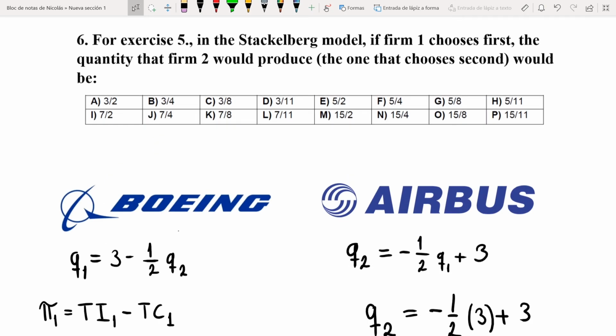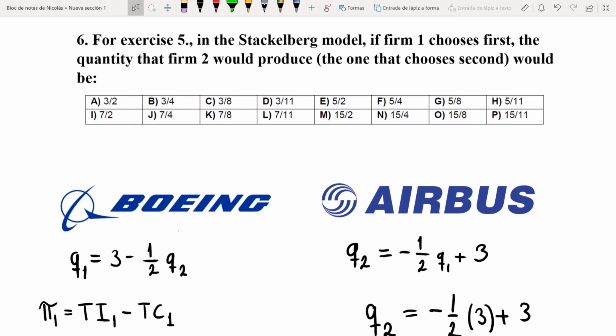So now we'll be solving problem 6, which says, for exercise 5 in the Stackelberg model, firm 1 chooses first the quantity; the quantity that firm 2, the one that chooses second, would produce would be, and they give us again a bunch of possible answers from which we'll have to decide.